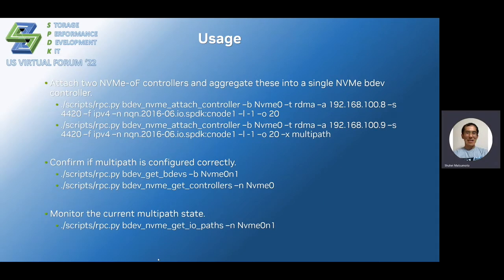I talk about basic usage of multipath and I/O error resiliency in this page. The first bullet is to attach two controllers and aggregate these into a single bdev controller NVMe0 by using the RPC bdev_nvme_attach_controller. If these two controllers have a shared namespace whose namespace ID is 1, a single NVMe bdev, NVMe0n1, is created.